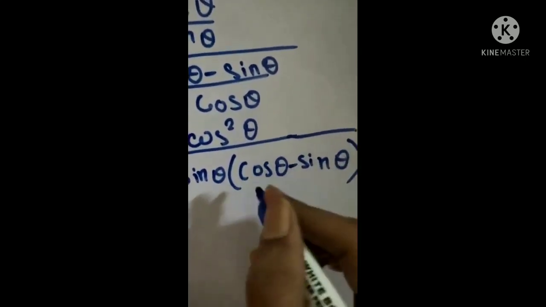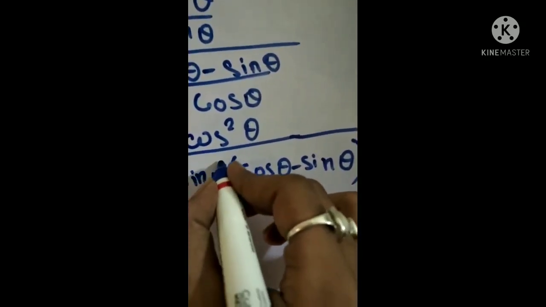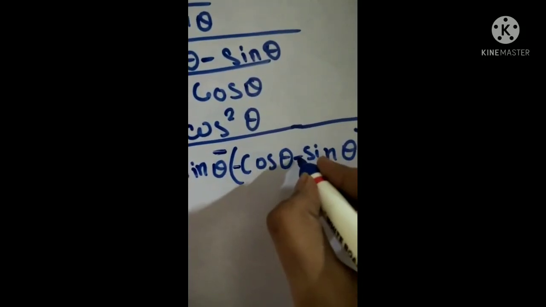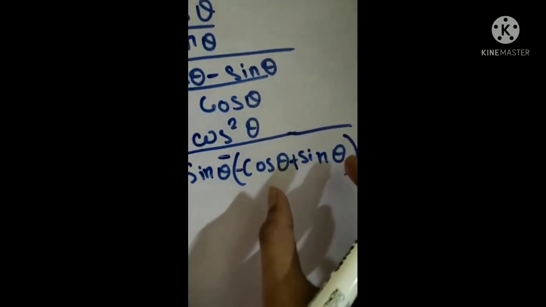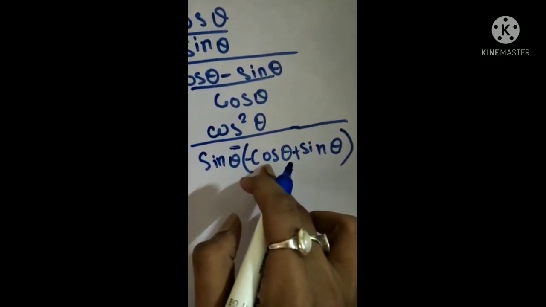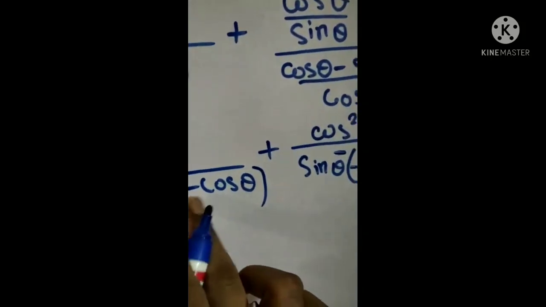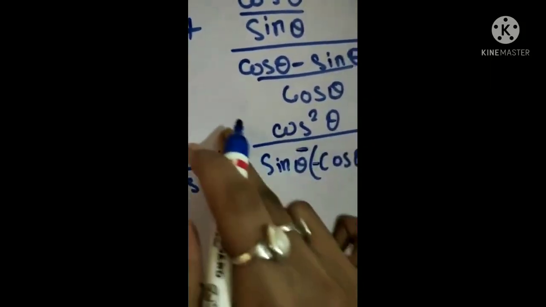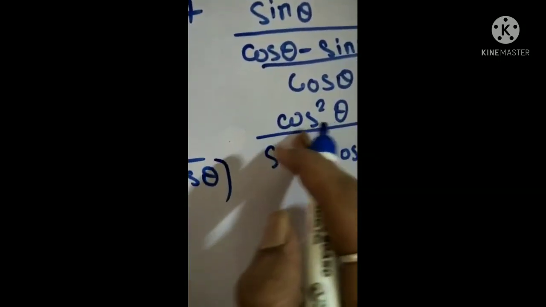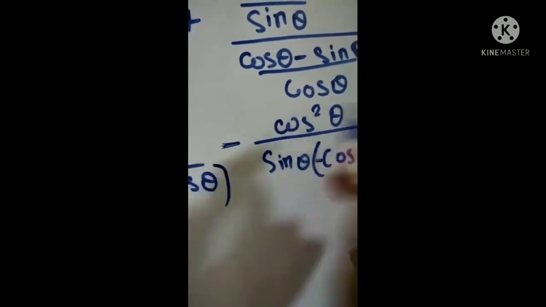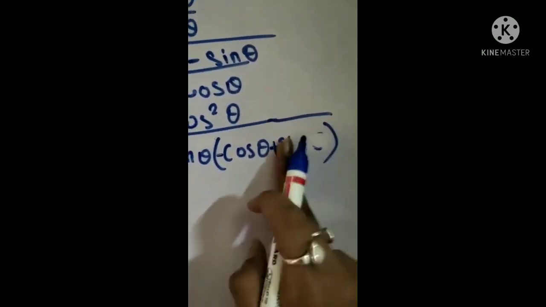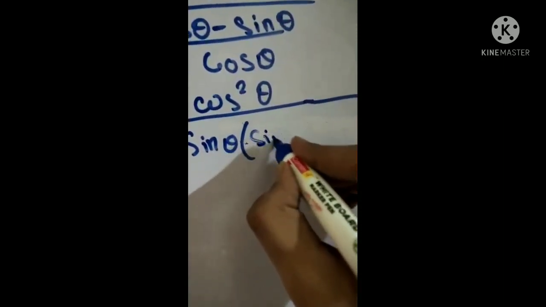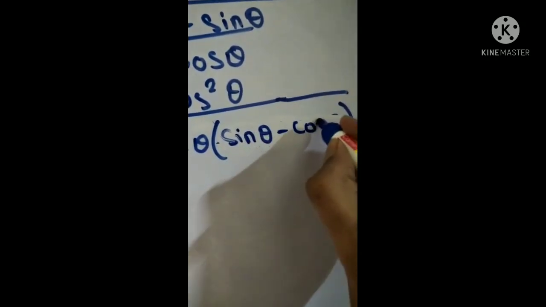So if we take minus as common here, then this cos theta will be negative and this sin theta will be positive. That means this is sin theta minus cos theta, and here also sin theta minus cos theta. Now as we have taken a negative here, the plus and minus combine and give us a negative, and this part can be written as sin theta minus cos theta.